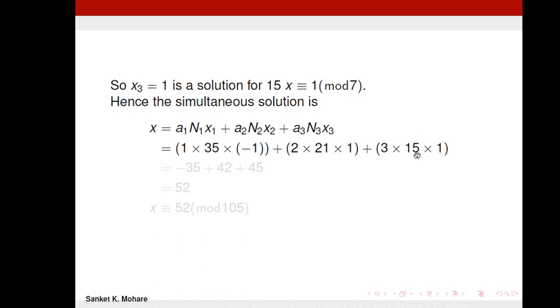So 3 multiplied by 15 multiplied by 1. This implies -35 plus 42 plus 45, which gives 52. So x equals 52. Therefore x is congruent to 52 modulo 105. This is the solution.